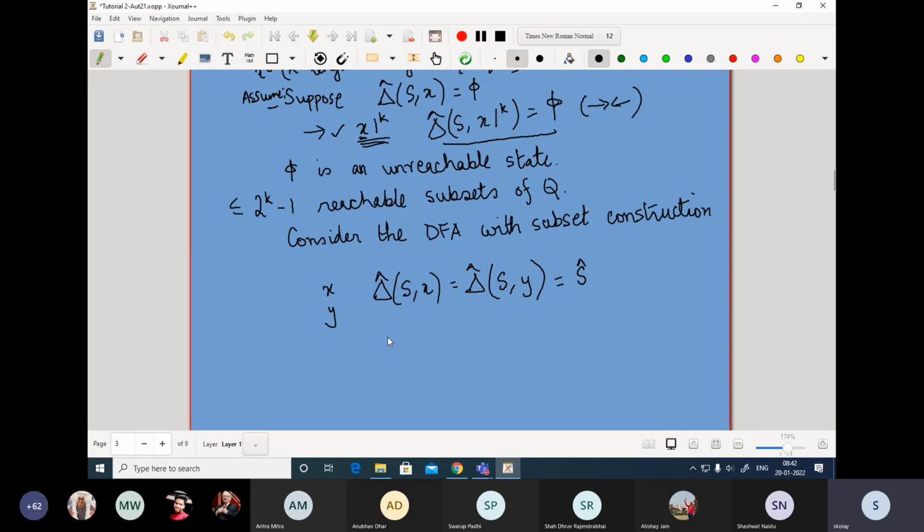Now, if I, for all z, can I say this delta hat sxz is equal to delta hat syz?